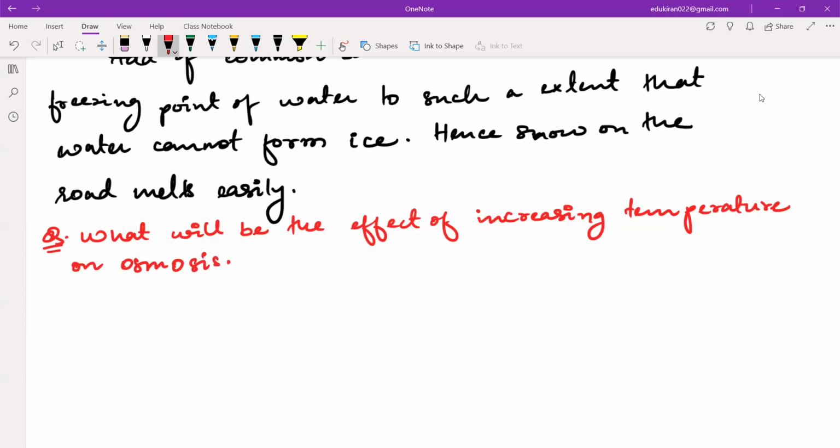So osmosis will slow down or it will be faster. That means the movement of solvent from a solution of lower concentration to higher concentration, will it increase or decrease or remain the same? Answer in chat, then I will ask the reason why.